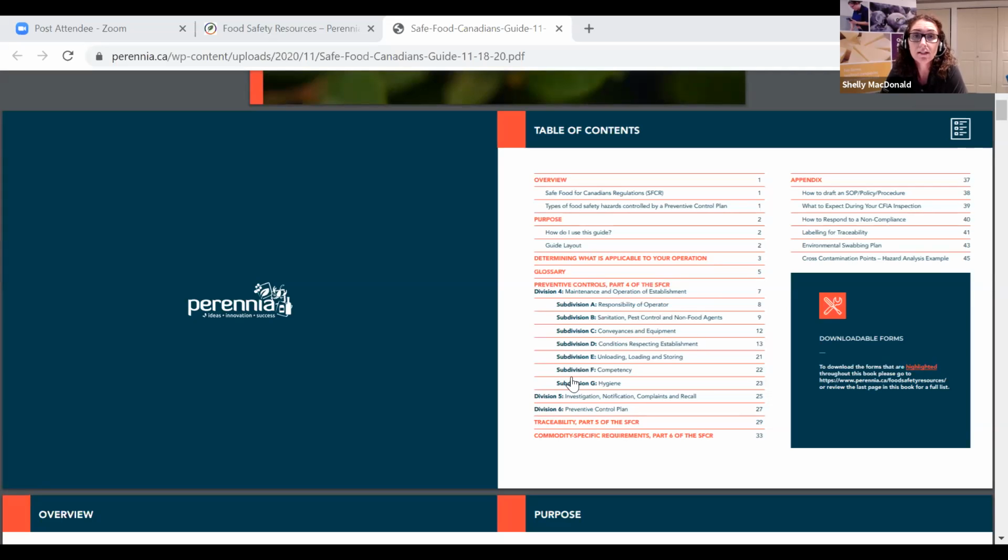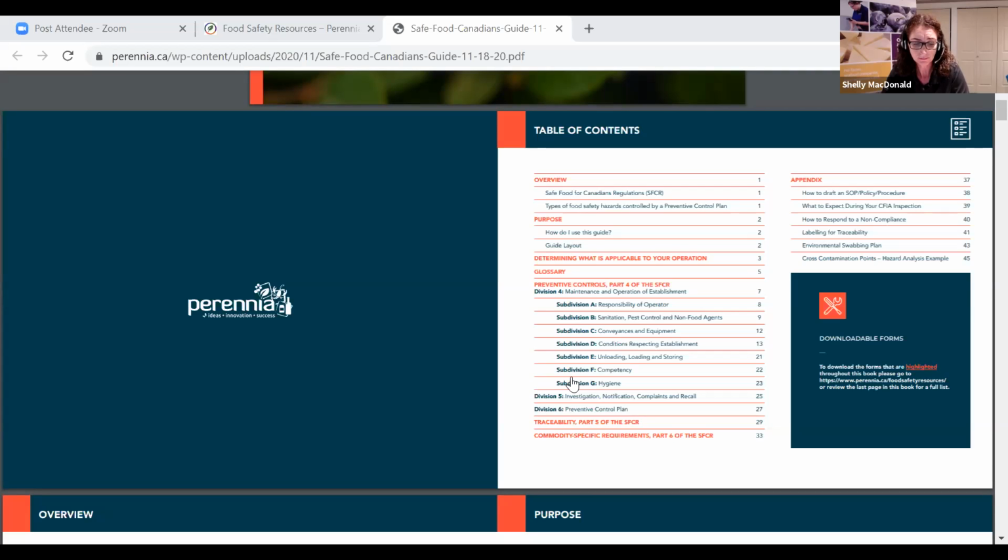So the first thing is an overview of Safe Food for Canadian regulations. Then it talks about the type of food safety hazards controlled by preventive control plans. It then goes on to the purpose of the guide. So how do you use this guide and the guide layout? Next is determining what is applicable to your operation, as each of you are in a different situation depending on what you do at your operation.